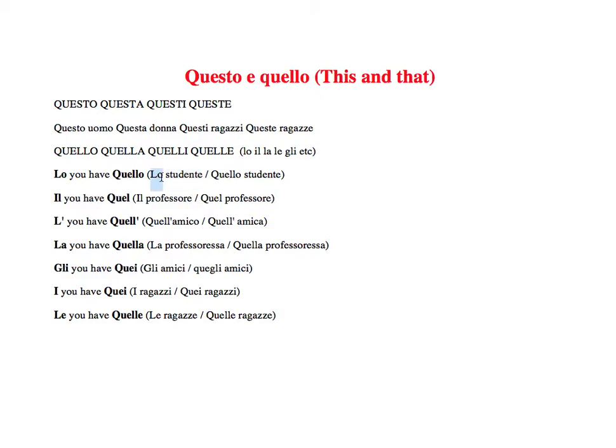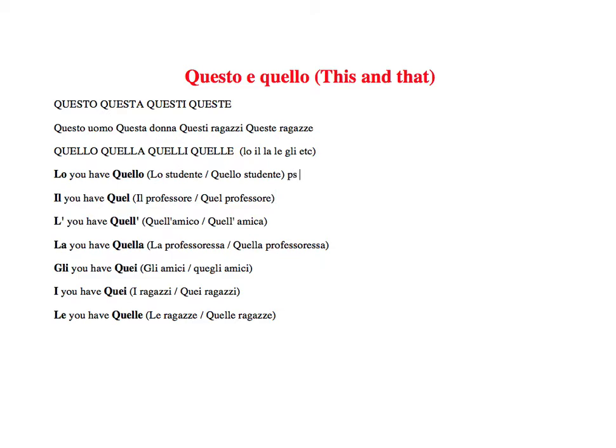You use lo because studente starts with S plus consonant. So in front of a word like studente, you must use lo when you use the definite article. And if you want to say that student, you will have to follow the same kind of rule. So you will use quello. Why quello? Because studente starts with S plus consonant. The same thing you have to do when the word starts with PS.